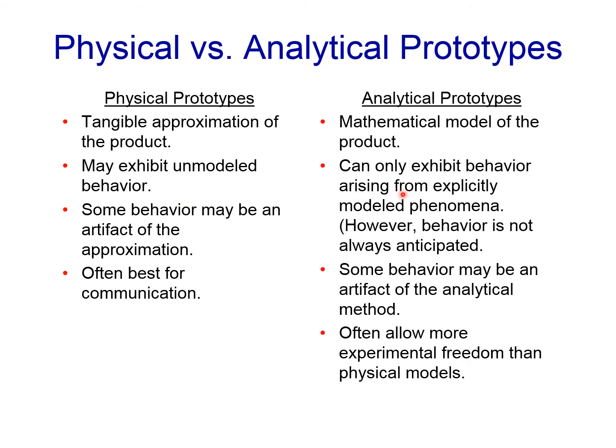On the other hand, analytical prototypes can only exhibit behavior arising from explicitly modeled phenomena. With physical prototypes, some behavior may be an artifact of the approximation, while with analytical prototypes, some behavior may be an artifact of the analytical method itself.